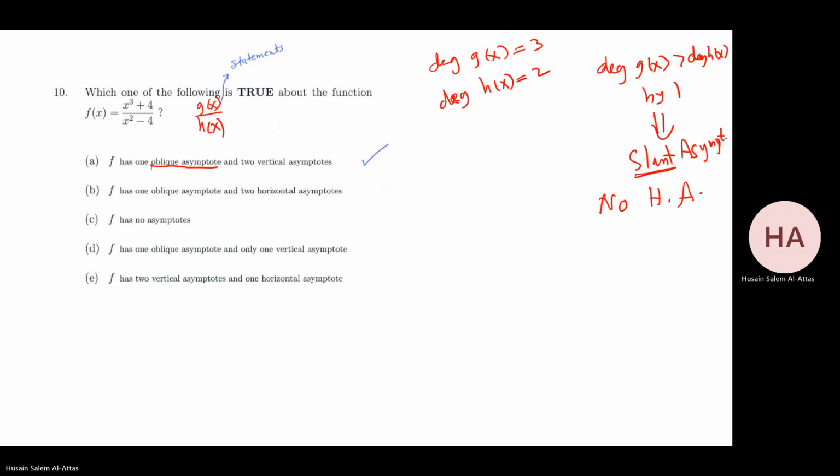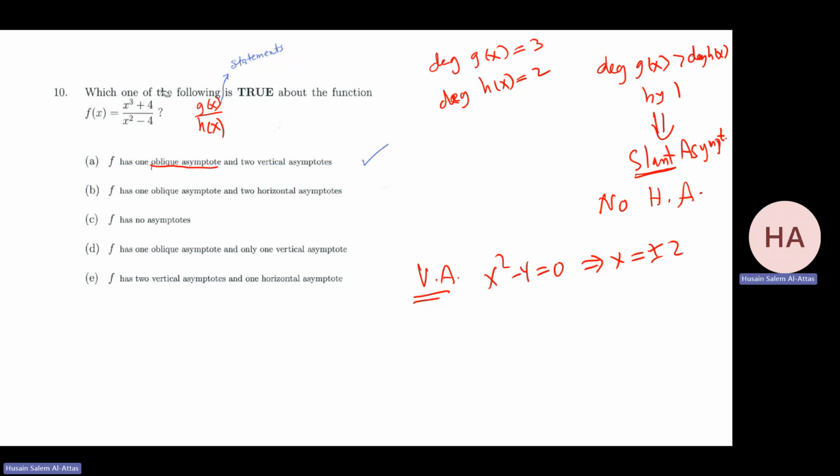Now, concerning the vertical asymptotes, we have x squared minus 4 equals 0. So that implies x equals plus or minus 2, where the numerator cannot be 0.